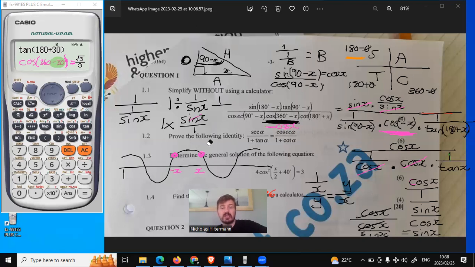What we don't want to do is get bogged down on one question and end up spending 20 minutes and not being able to do this. Because if you end up with minus a half, you've missed a negative somewhere. And then you can quickly see, okay, that's a negative. You could even forget about the fact and just put minus sine x, because you know that it's minus a half.